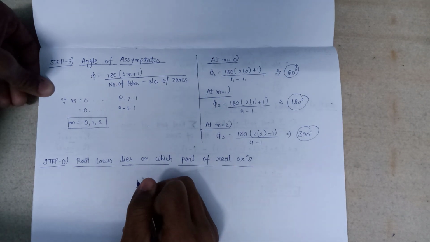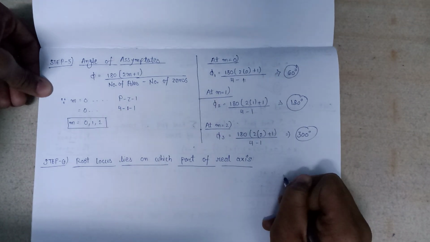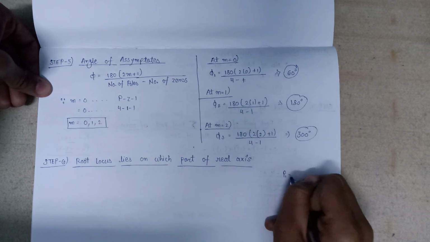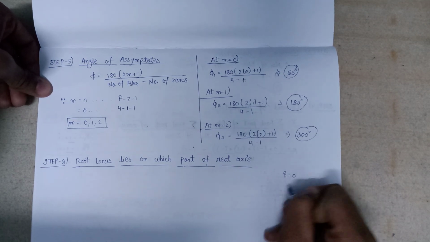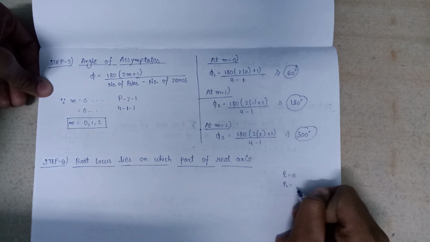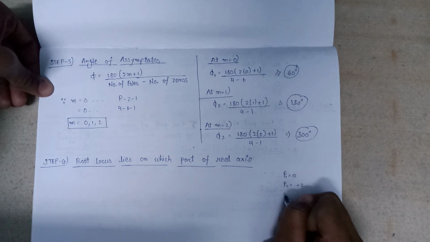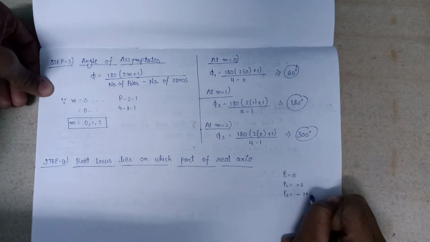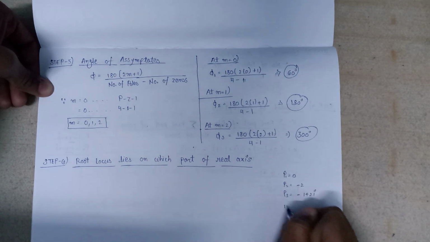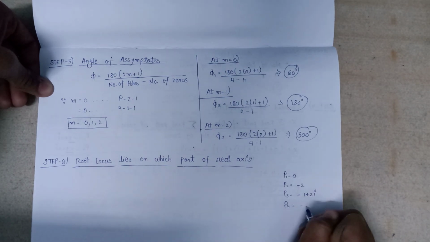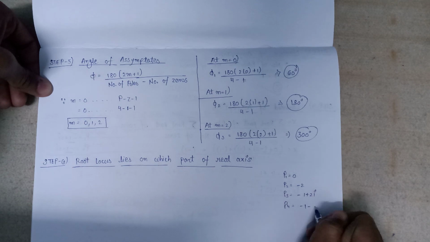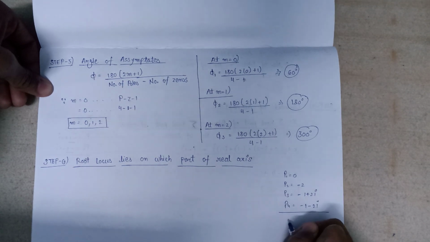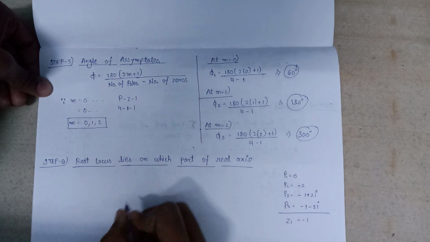So for this, we have to first write all the poles and zeros. Pole P1 lies at 0, pole P2 lies at minus 2, pole P3 lies at minus 1 plus 2 iota, pole P4 lies at minus 1 minus 2 iota, and we have one zero that lies at minus 1.